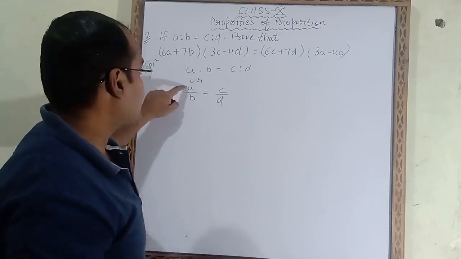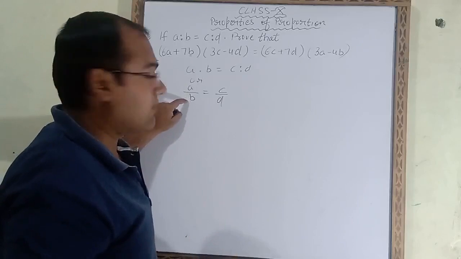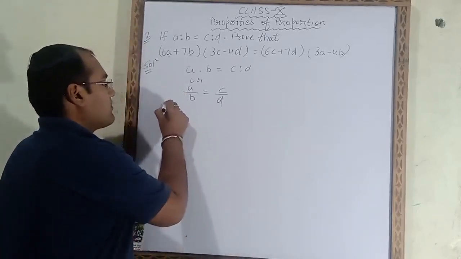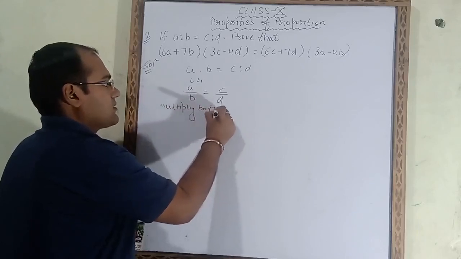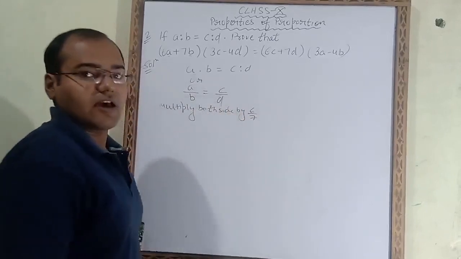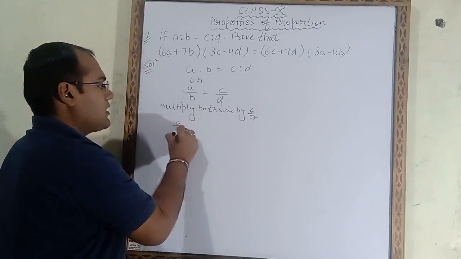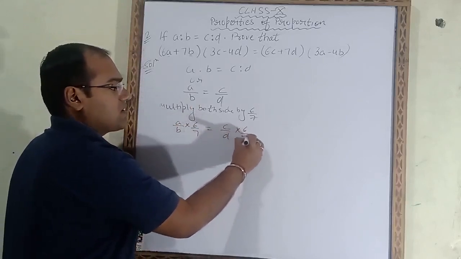So what do we have to do? This A we have to multiply with 6 and this B we have to multiply with 7. That means 6 upon 7. So we will multiply both sides by 6 upon 7. That means A upon B into 6 upon 7, C upon D into 6 upon 7.